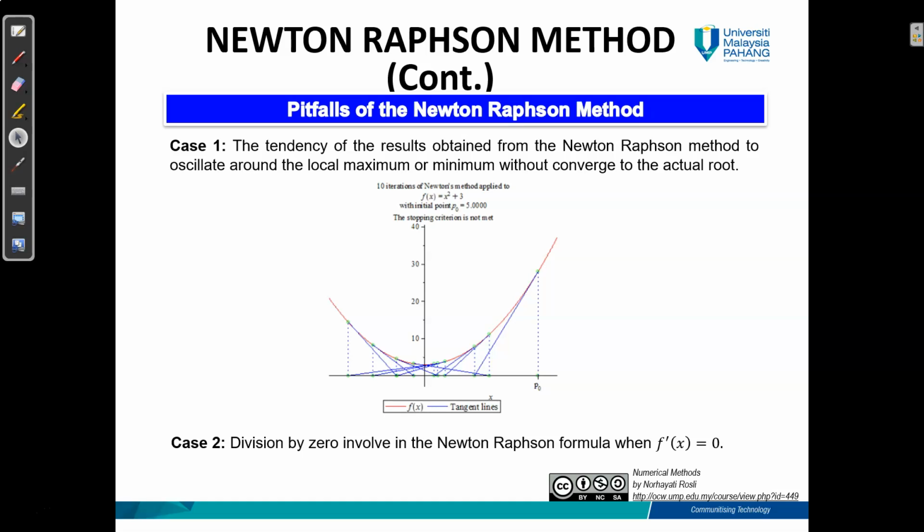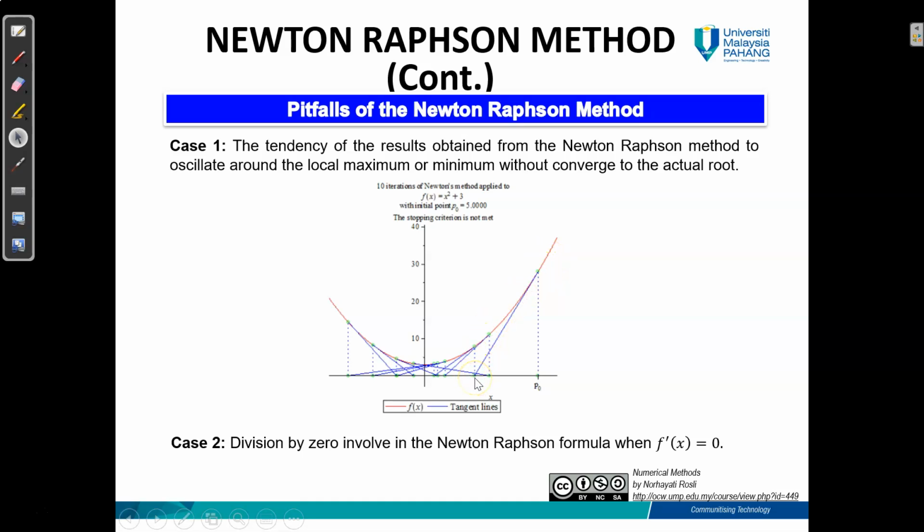But the Newton-Raphson method is subject to the following pitfalls. This pitfall means the disadvantage of the Newton-Raphson method. Case 1: the Newton-Raphson method has the tendency of the result obtained to oscillate around the local maximum or minimum without converging to the actual root. For example, if we choose this P naught as our initial guess, from here we draw a tangent line, we get this one.